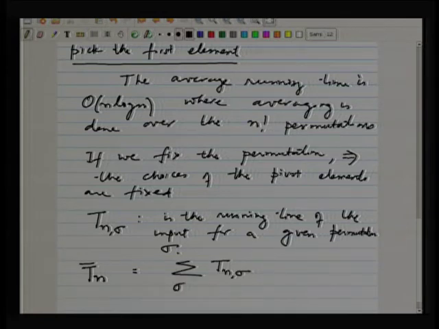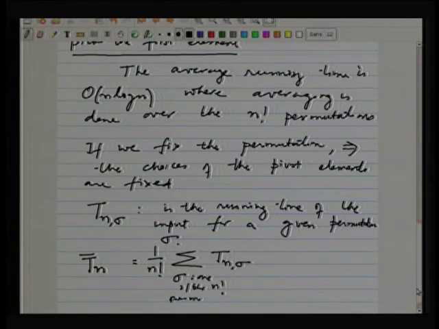So, sigma is one of the n factorial permutations, okay, and of course, the averaging is done over all permutations. So, I should divide by n factorial. Right. So, this is what is meant by the average case analysis of the classical quicksort algorithm.